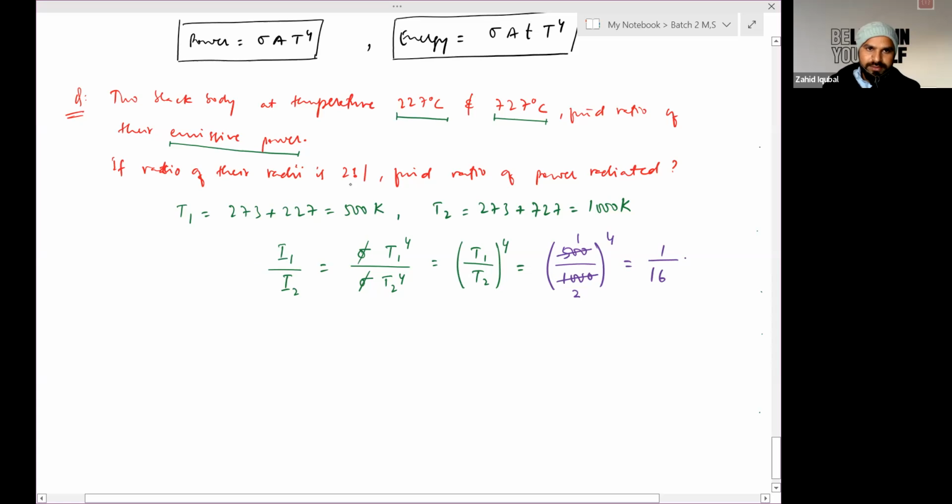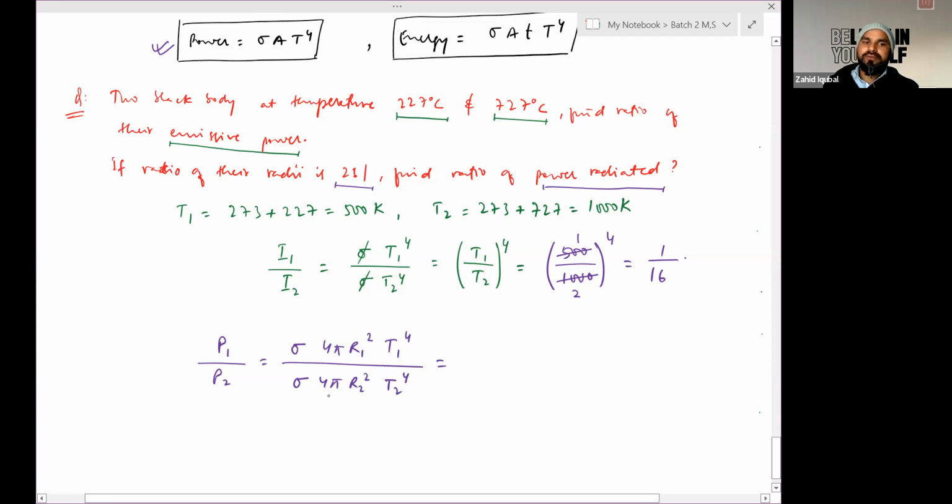Now in the second part, you have been given the ratio of the radius as 2:1 and you have to calculate the power radiated. So use this formula: power divided by power equals sigma times the area of the first black body, which is 4 pi r1 square T1 to the power 4, over sigma 4 pi r2 square T2 to the power 4.